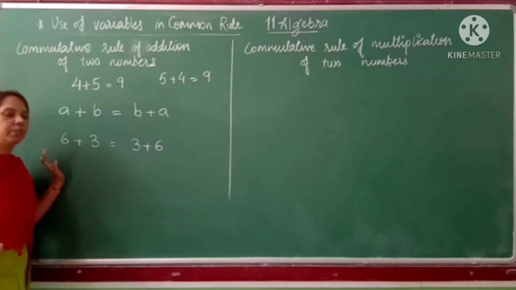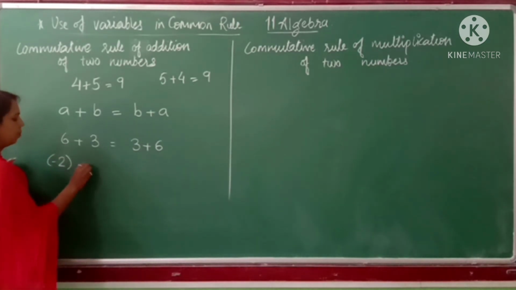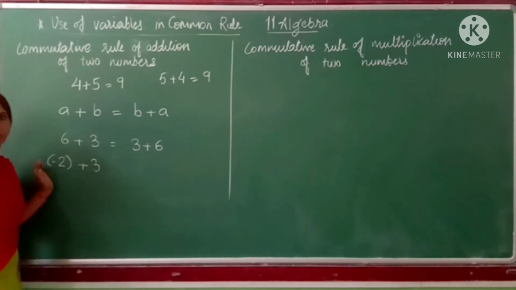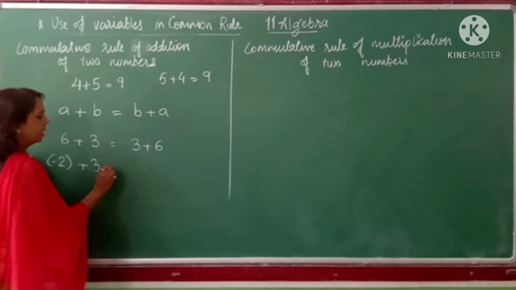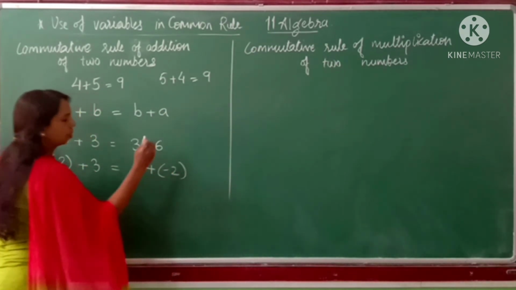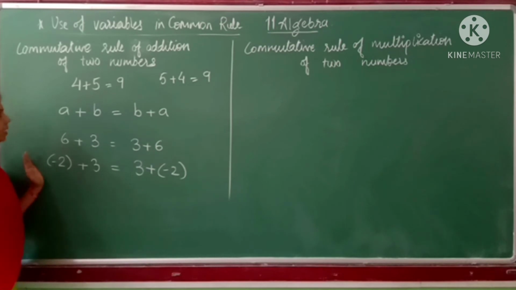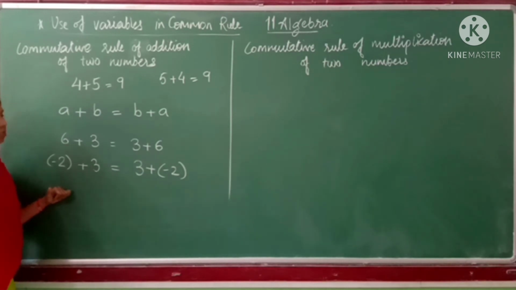Okay. Even if you take integers, let us check it out. Minus 2 plus 3. What is the answer here? Minus 2 plus 3 is 1, which is equal to 3 plus minus 2. So this property is true for whole numbers and integers also.